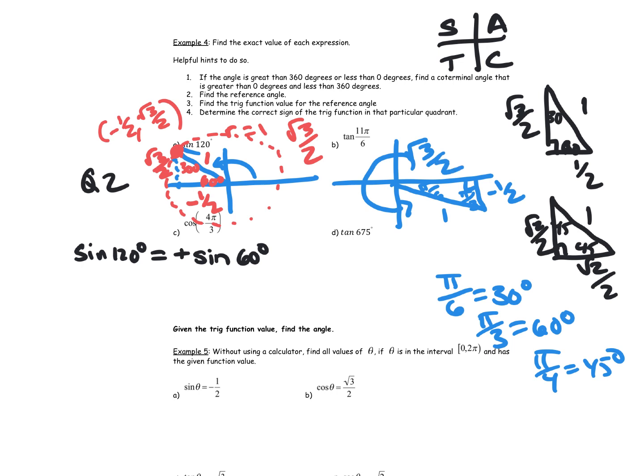So tangent is y over x, so it's going to be negative 1/2 divided by root 3 over 2, which is going to reduce to negative 1 over root 3 or negative root 3 over 3.